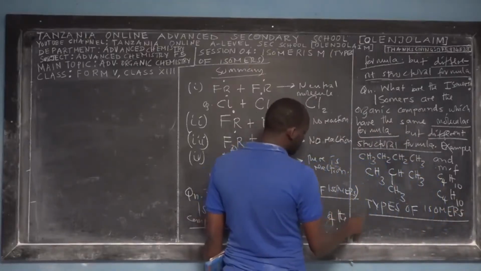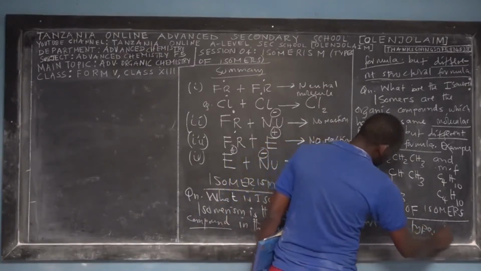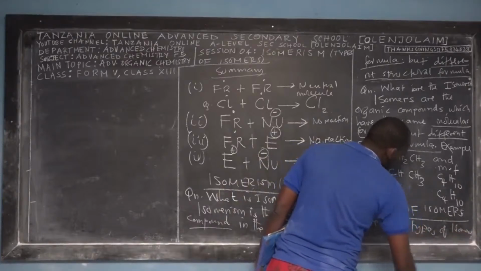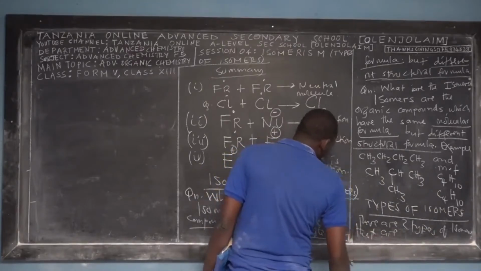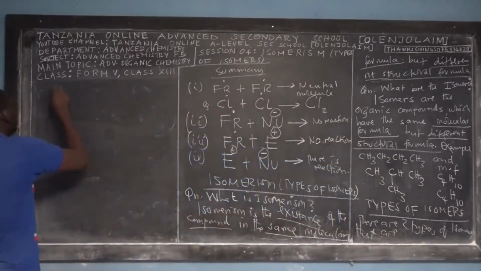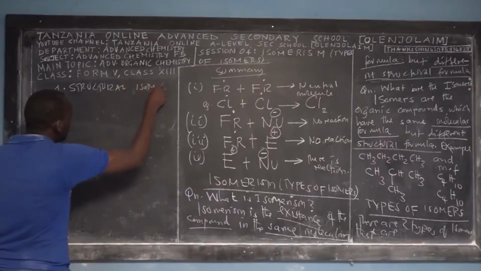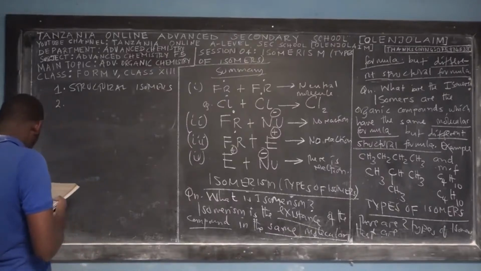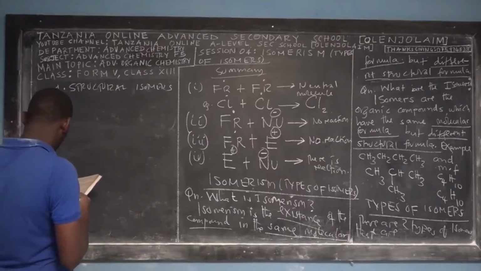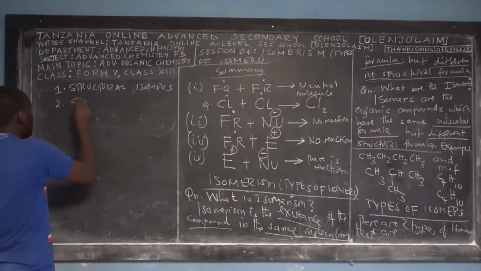There are two types of isomers. Number 1 is called structural isomers, or constitutional isomers, and the second one is called geometrical isomers, or stereoisomers. This one we call stereoisomers.